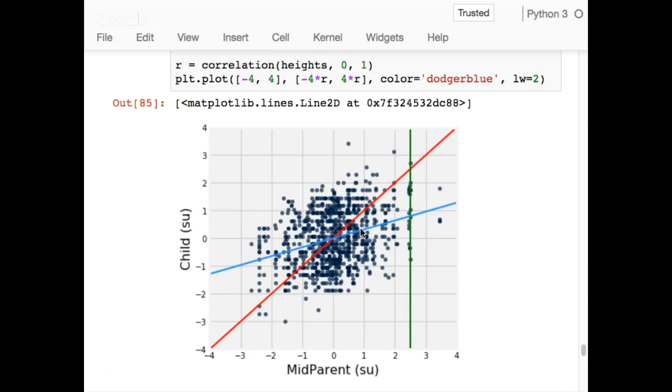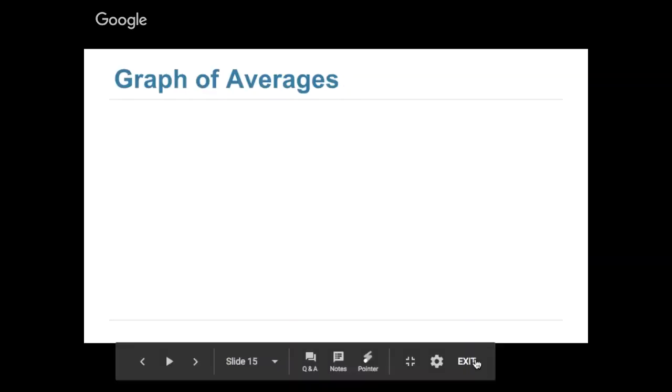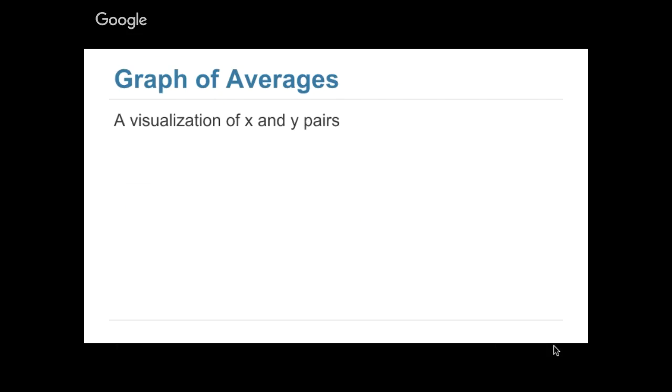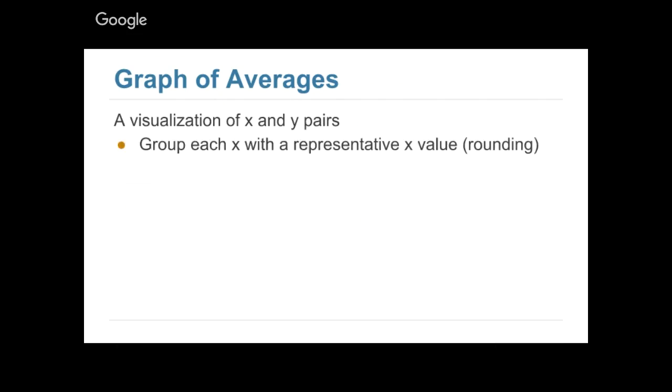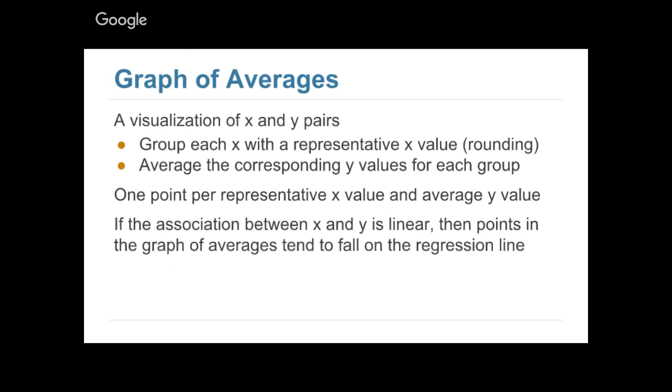Excellent. All right. So what we did was, at the beginning of class, we looked at a graph of averages. Look at the XY pairs, take for every single X value some slice of points around the X value and take the average Y value. So for every X value, we get one Y value as a prediction.